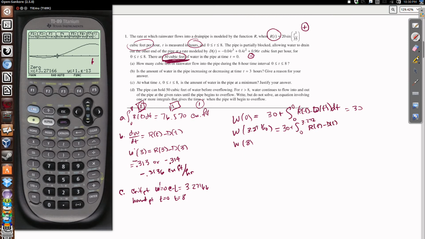And when I put this in my calculator, going back to my home screen, I'm going to take this function and I want to take 30 plus the integral of this, and it's going to be all of this with t's instead of x's.